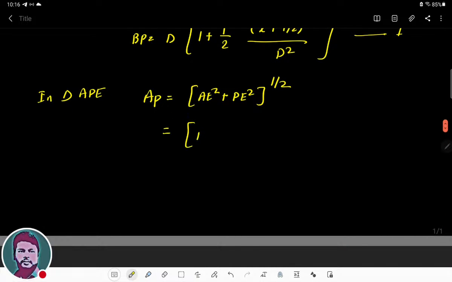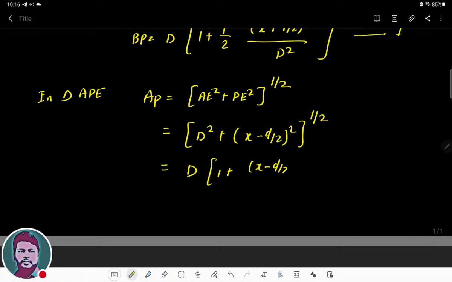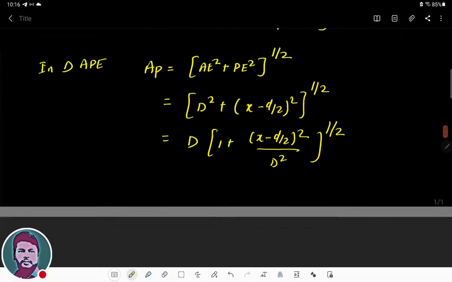We put in the values: d square plus x minus d by 2 square, to the power 1 by 2. Taking d out, that is 1 plus x minus d by 2 whole square over d square, to the power of 1 by 2.